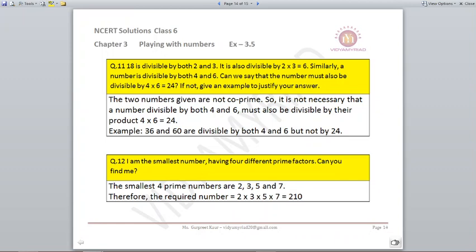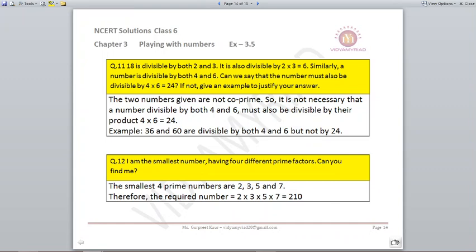Now here the numbers are not co-prime, that is, 4 and 6 are not co-prime. So it is not necessary that a number divisible by both 4 and 6 will also be divisible by their product 24. For example, 36 and 60 are divisible by both 4 and 6 but not by 24.